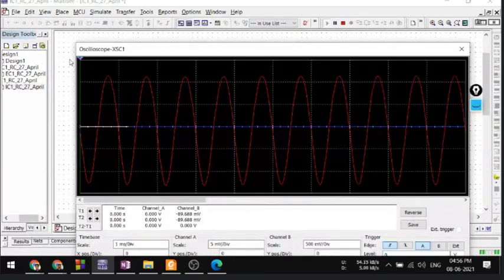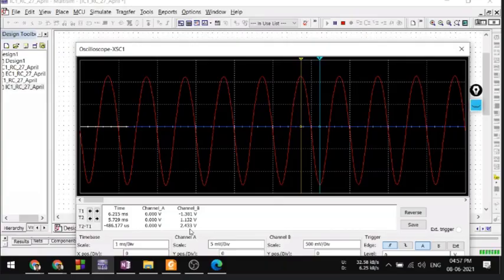Set cursor 2 on the positive peak and cursor 1 on the negative peak, right? What you are getting, peak to peak is 2.433 volt, where the positive voltage is 1.13 and the negative voltage is minus 1.3, right?